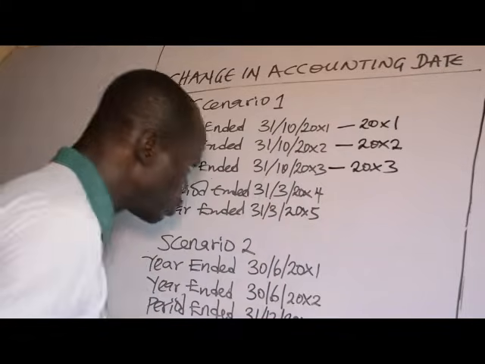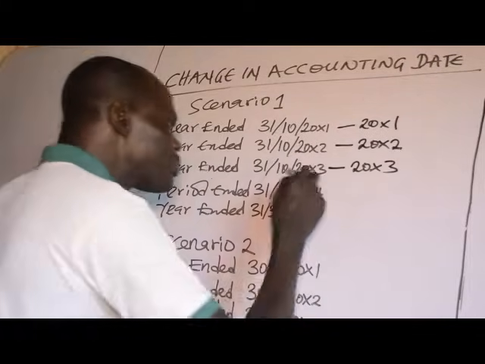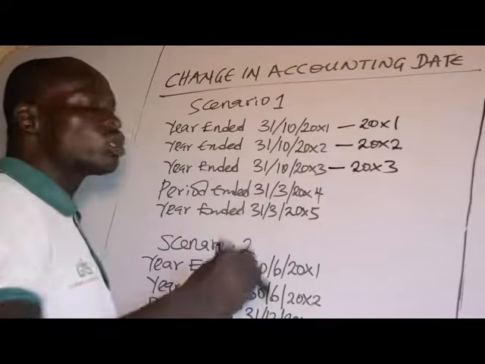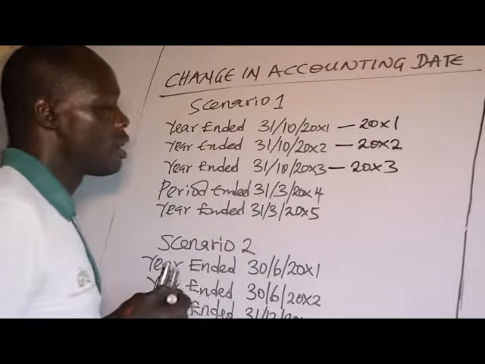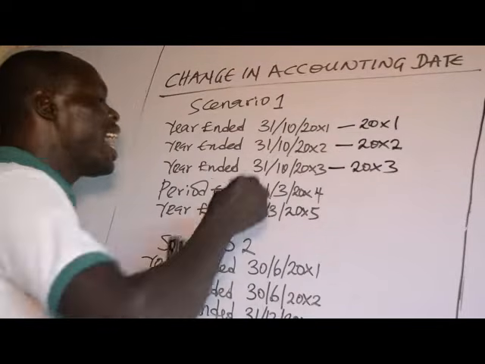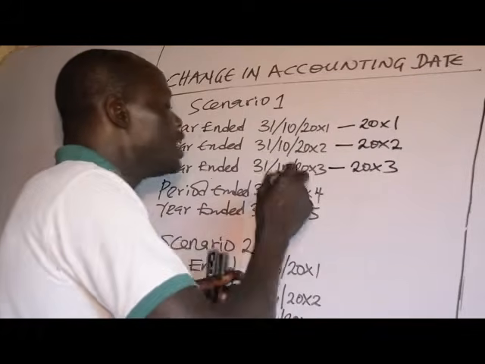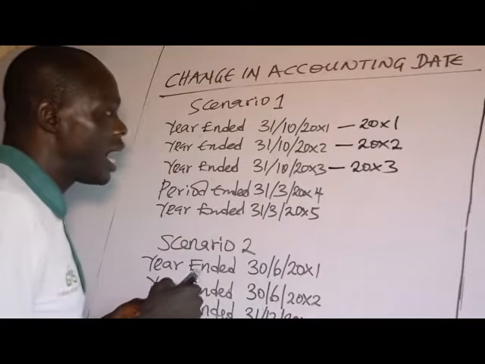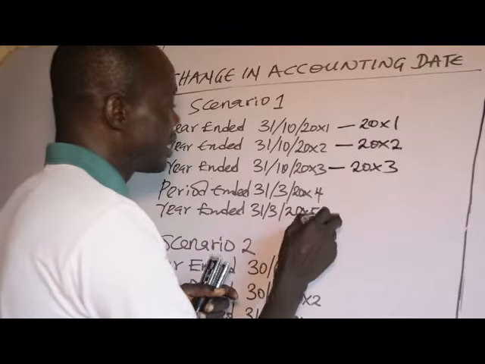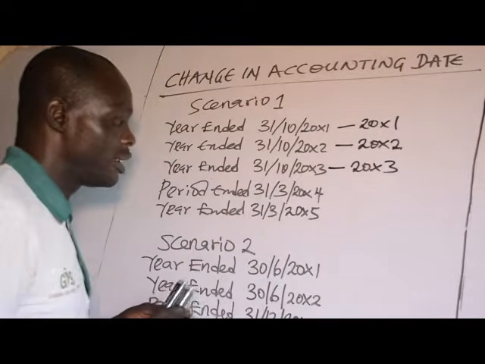But what now happened in 20X4? In 20X4, you are expecting October 31st again. But instead of adopting October 31st at the year end in 20X4, the entity now adopts March 31st in 20X4.